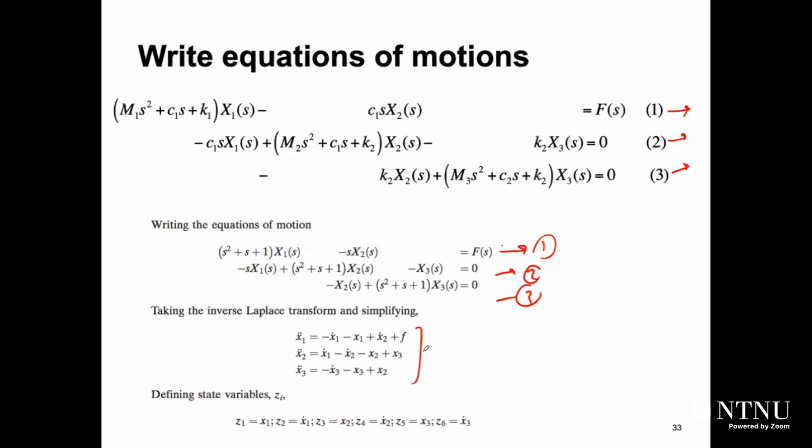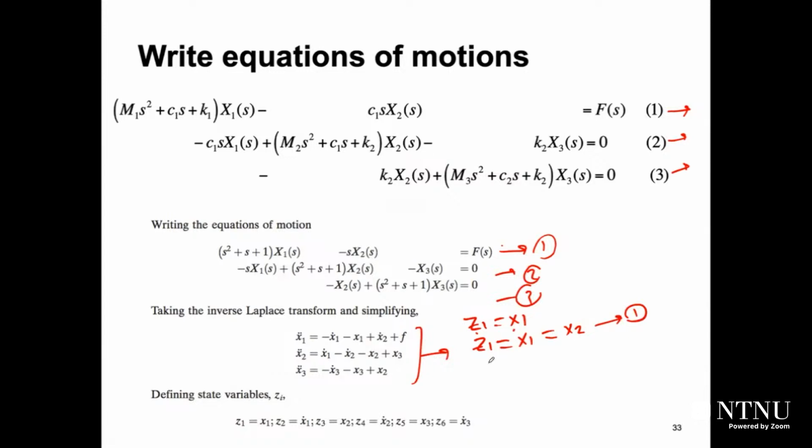Try to define your states. I can select the first state: z1 equals x1. Differentiate, so z1 dot equals x1 dot, which equals x2. In fact, z1 dot equals z2 will be my first state equation.